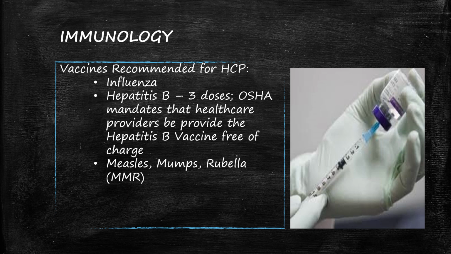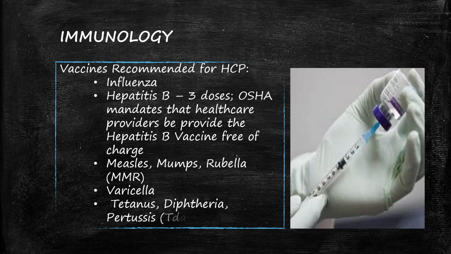We have an increase in measles going on right now in the country, and so it is important to make sure that we are vaccinated as healthcare providers against that. And then varicella, of course, and tetanus, diphtheria, and pertussis, as we know, also is very important for healthcare personnel.